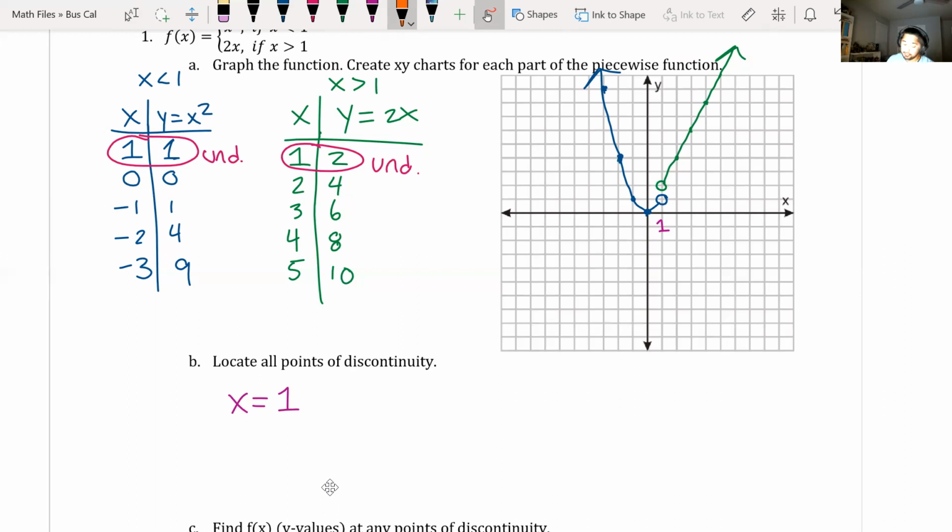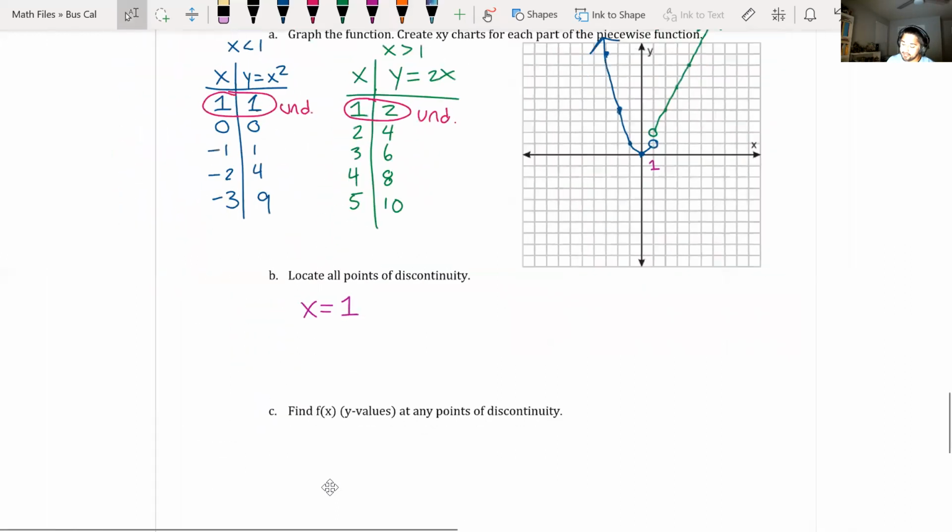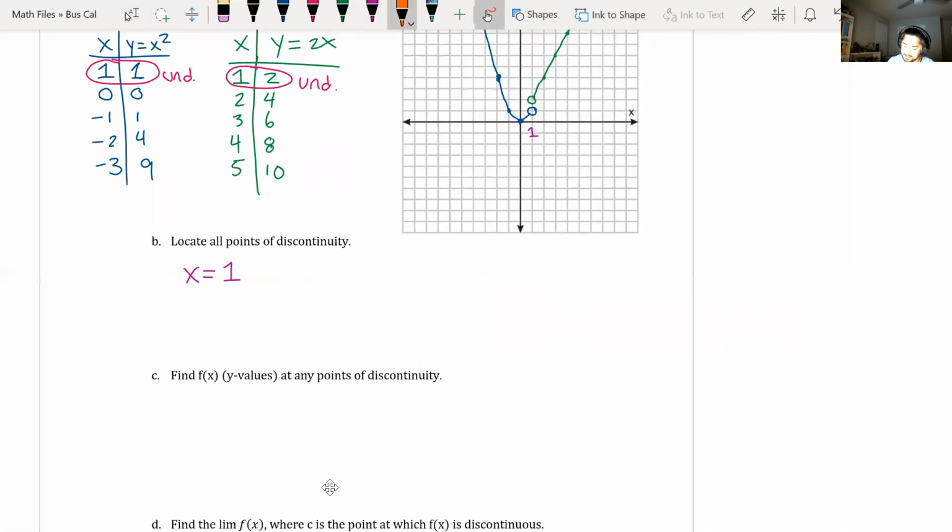So now when we get to the y values, we can say that when x equals 1, the y values are undefined. Oh, I thought we were going to put does not exist. Remember, we have to think about our terminology here. Limits don't exist, and points are undefined. Okay, got it. Points are undefined.